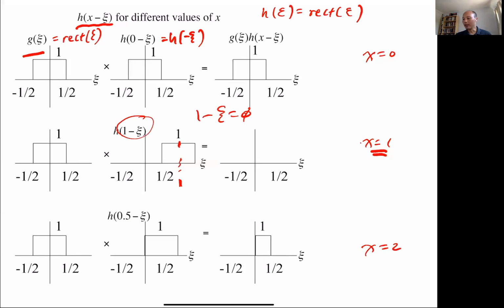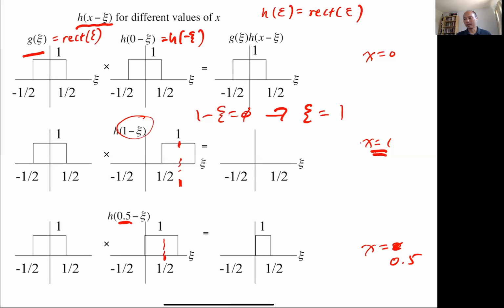So I can say that the center of the rect function is going to be at a xi of 1. That's a useful little trick to play, because sometimes when you're dealing with images and signals, they can get a little confusing. Similarly, this is x equals 0.5. In this case, we have replaced x with 0.5, and this is going to be centered at 1/2. So that's the flipping and shifting part of it.